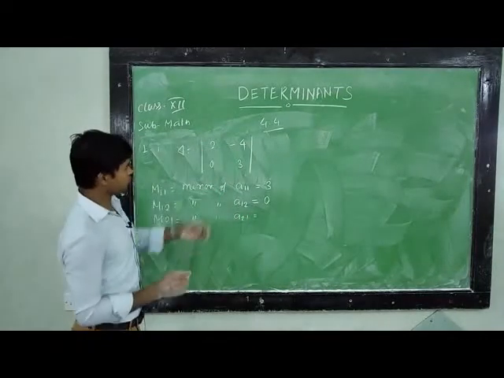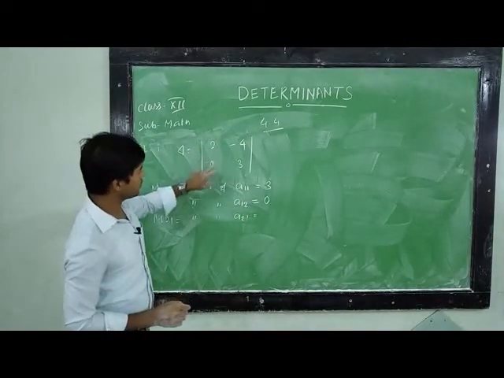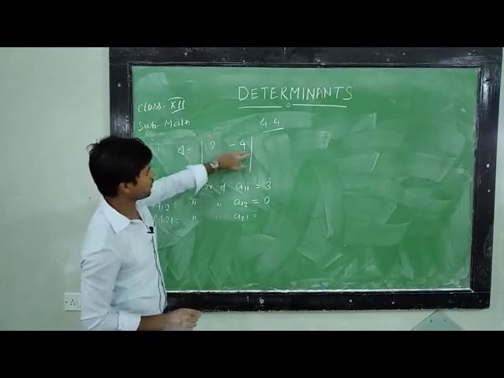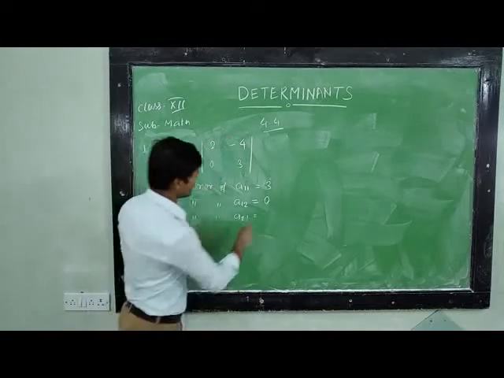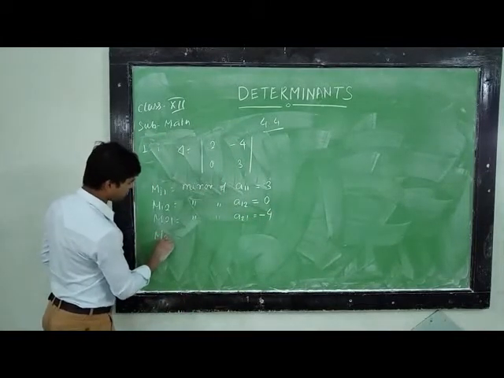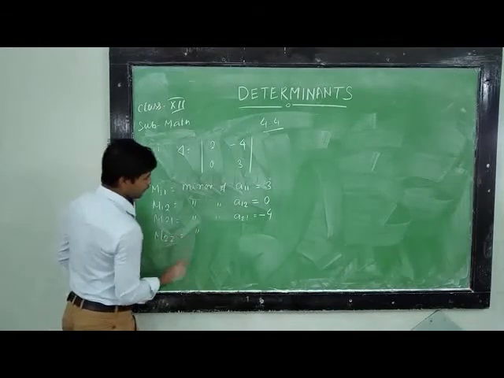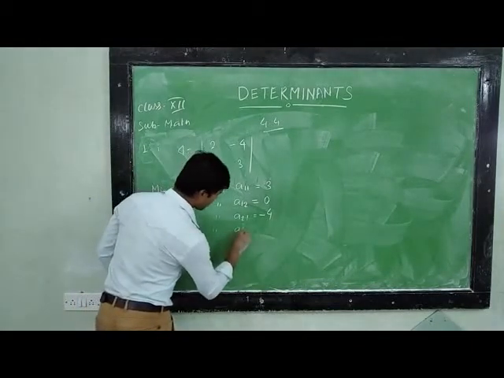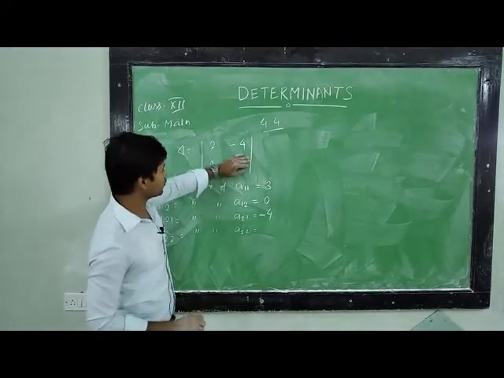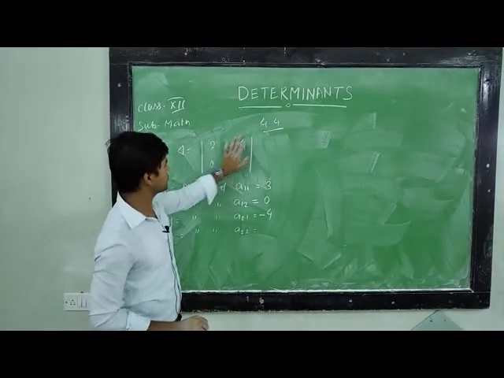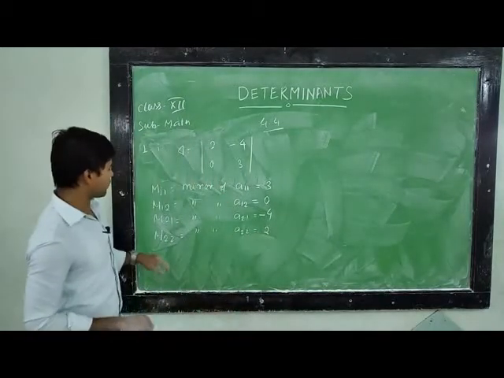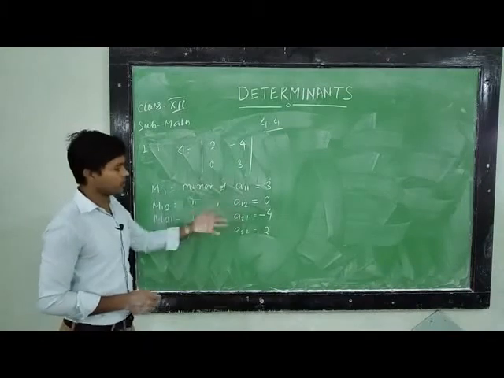This is our A21 element, so cover this row and this column. So we have this element, minus 4. And M22 is equal to the minor of the element A22. So A22 is this element, so cover this row and this column. So 2 is there. So 2 is the minor of A22. So these are the minors.